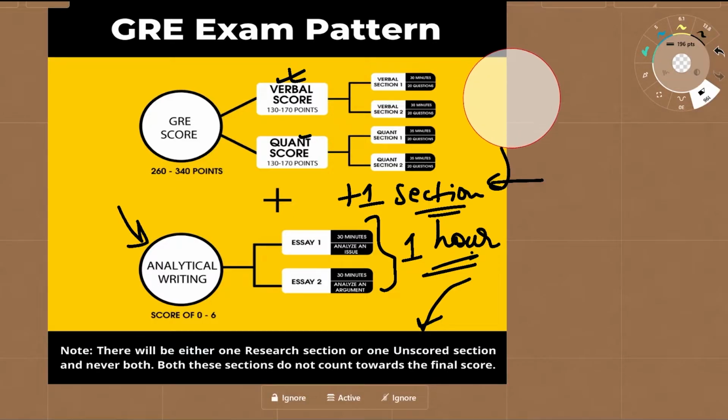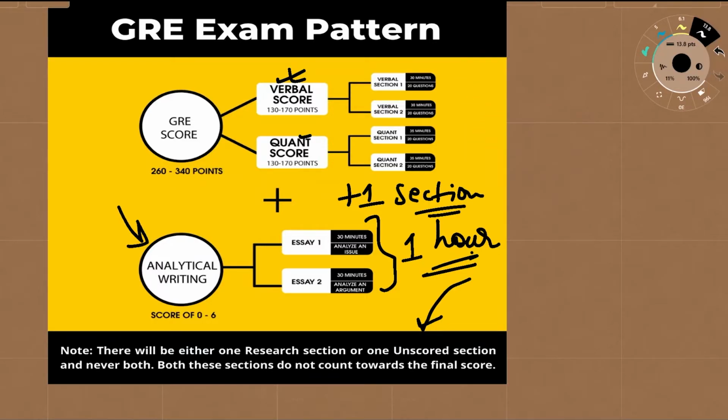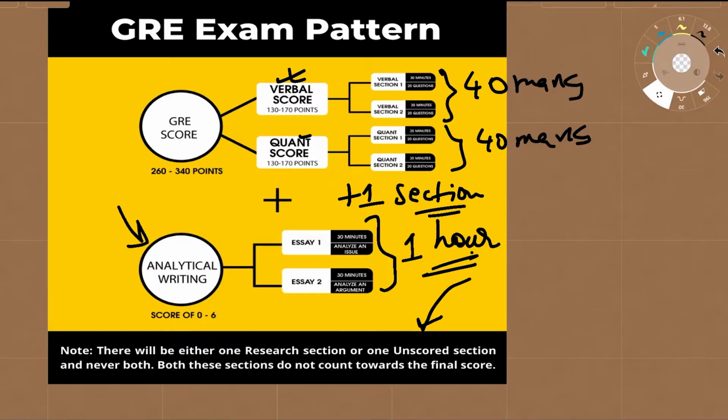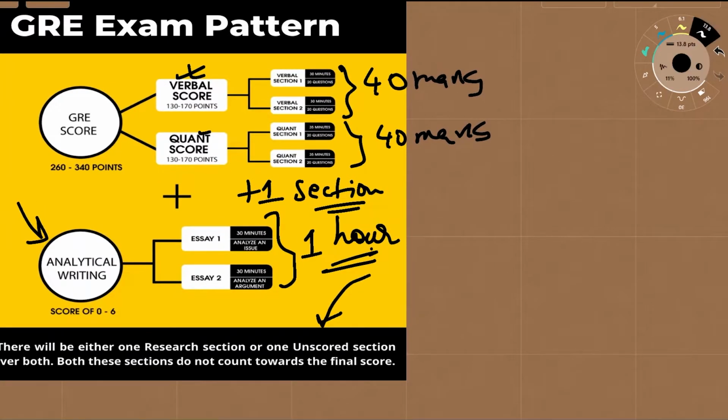So with this out of the way, I think we have covered the GRE format. Let's talk about the score. Now, these are 40 questions, so this contains 40 marks. This again has 40 questions, so 40 marks. But one confusing thing about the GRE scores is that you cannot score less than 260 out of 340.